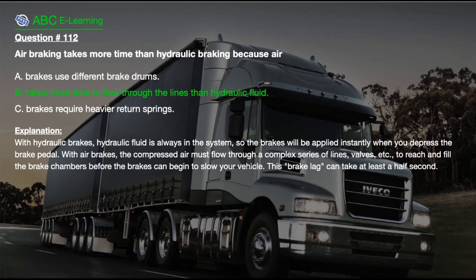The correct answer is B. Takes more time to flow through the lines than hydraulic fluid. Explanation. With hydraulic brakes, hydraulic fluid is always in the system, so the brakes will be applied instantly when you depress the brake pedal. With air brakes, the compressed air must flow through a complex series of lines, valves, etc., to reach and fill the brake chambers before the brakes can begin to slow your vehicle. This brake lag can take at least a half second.